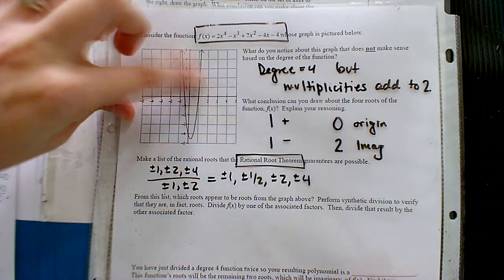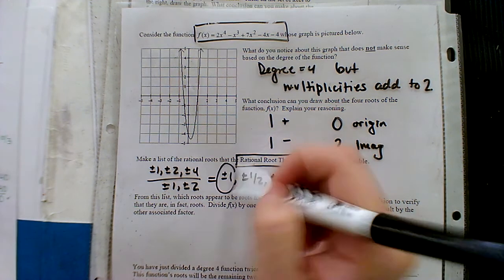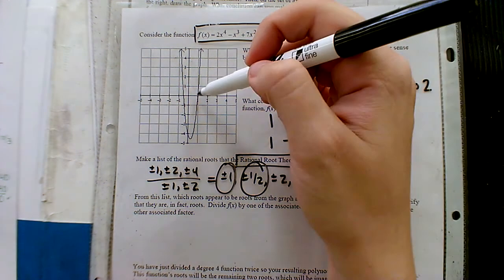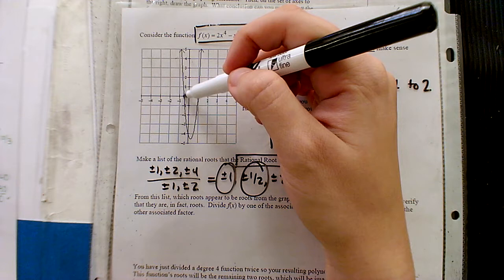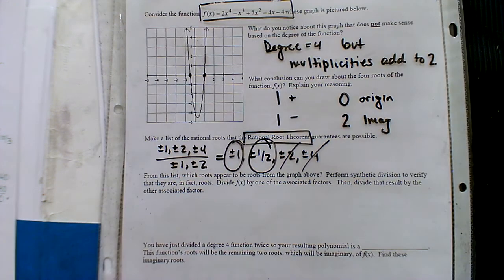Looking at the graph, can we think about, of the 8 that we have, which ones we should try to check to see if they're x-intercepts? Go ahead, Marcus. 1 and -1/2. Okay, so this looks like definitely 1, and this could be -1/2. We'll check it. So we're not going to worry about those 2. Let's go ahead and do our division to actually see if those values are x-intercepts.